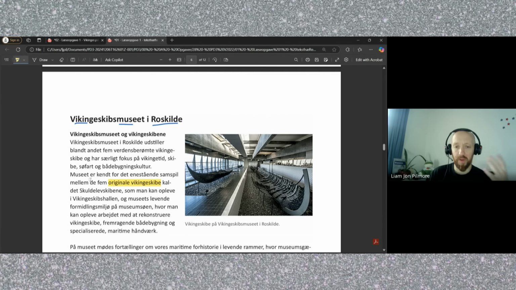So now if I read back the entire sentence, museet er kendt for det enestående samspil mellem de 5 originale vikingeskibe, kaldet skuldelevskibene, som man kan opleve i vikingeskibshallen. Aha, another keyword, opleve.